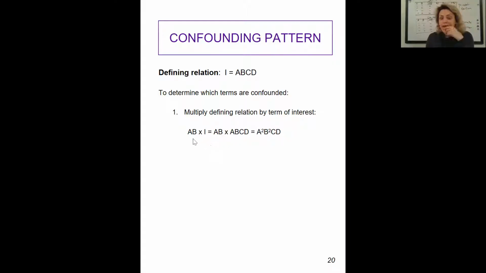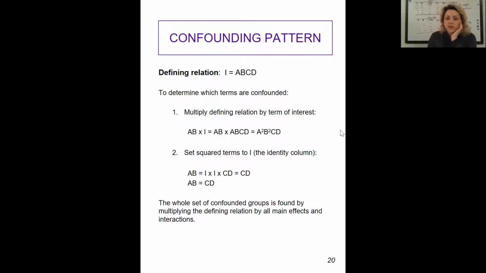So AB is confounded with CD. You set the square terms to I, the identity column, so AB is equal to CD. The whole set of confounded groups is found by multiplying the defining relation by all main effects and interactions that we would have. Let's do some examples.